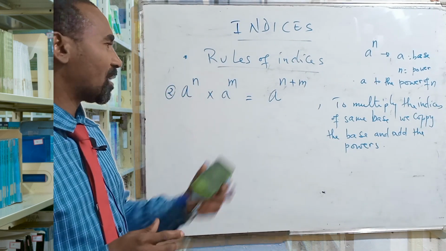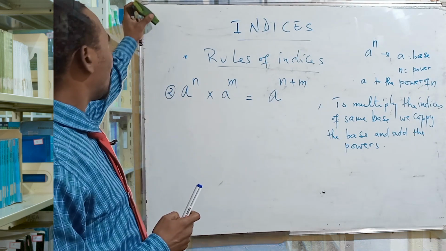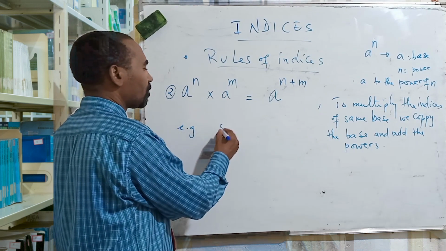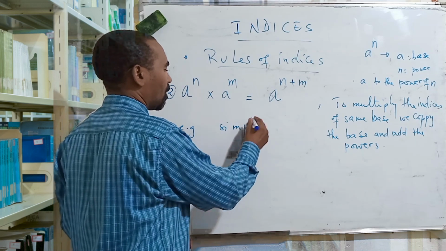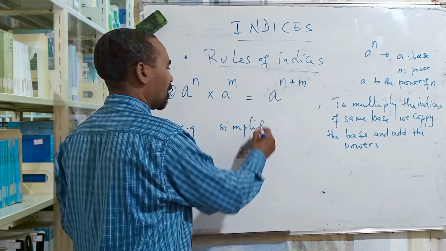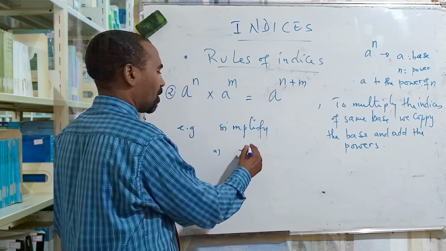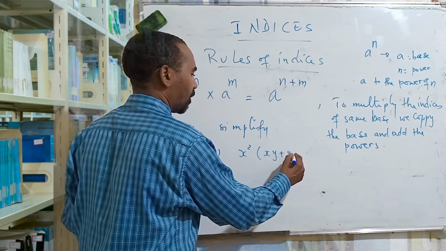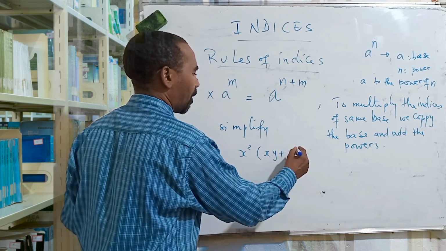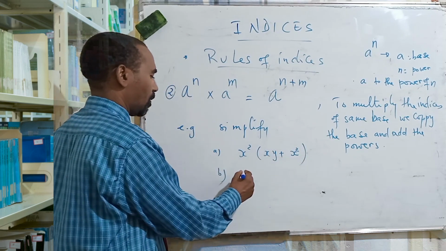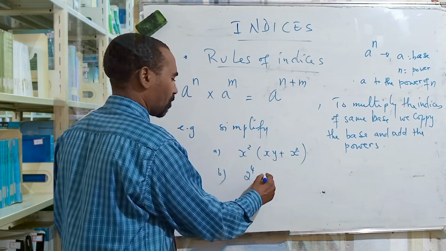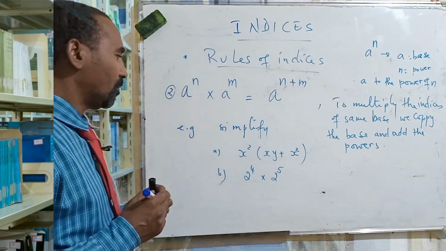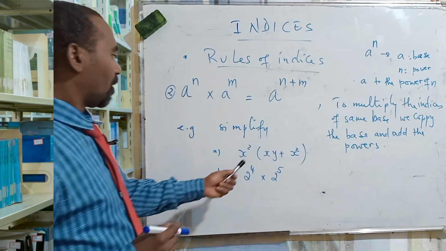We can now have examples to better understand this property. Example: simplify this one.